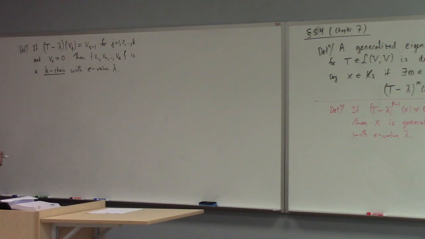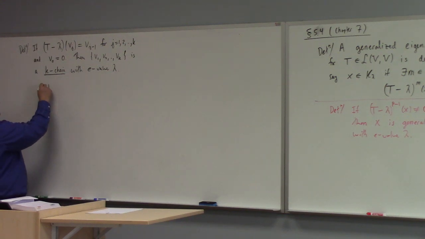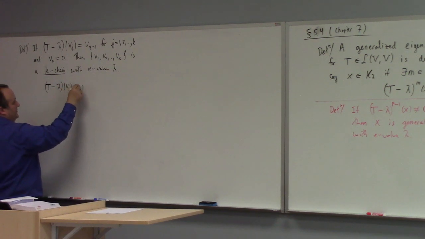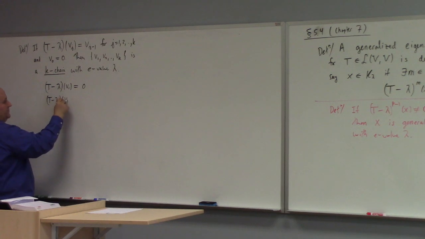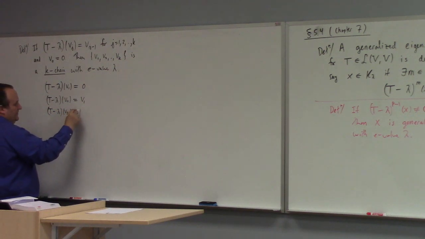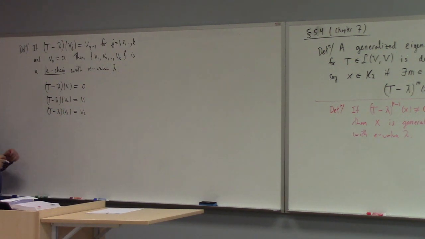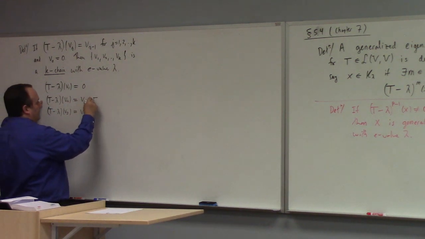But in any event, notice how this works. I'll write it out explicitly. We have (T minus lambda) v1 is equal to 0. (T minus lambda) v2 is equal to v1. (T minus lambda) v3 is equal to v2. So if you look at this, what does it say?